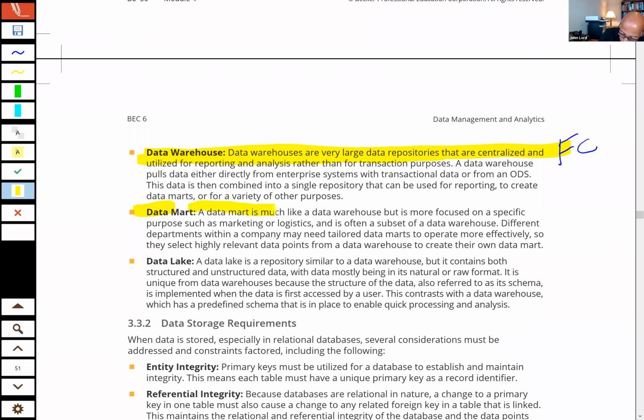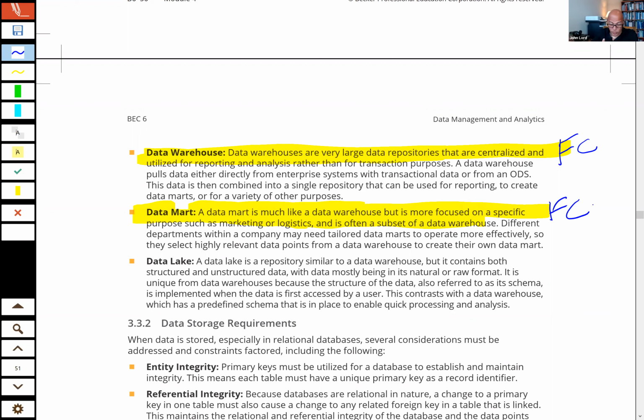Okay, a data mart is much like a data warehouse, but is more focused for specific purposes such as marketing or logistics. So it's kind of like the difference between the data being all in the warehouse versus the data now being in the store, right? You go to Safeway's warehouse, they'll have stuff all over the place.